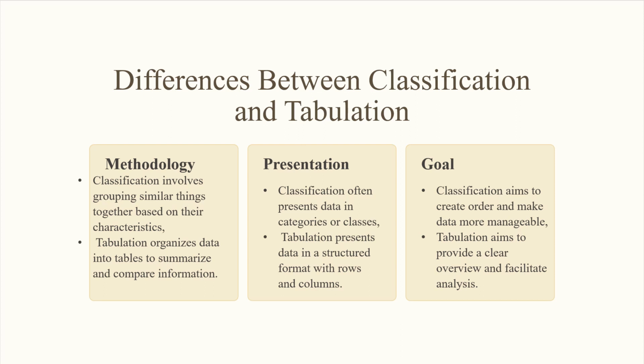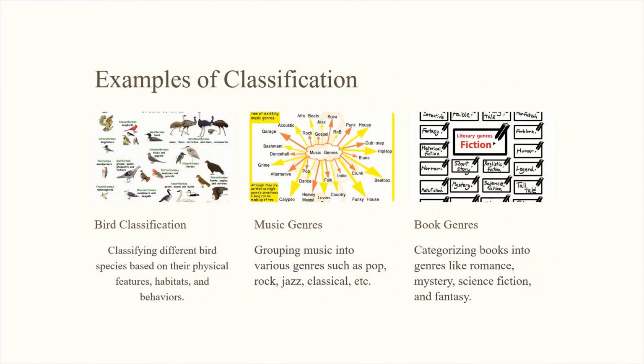But speaking about tabulation, here we are organizing and summarizing the data, and representing the data in rows and columns. Tabulation aims to provide a clear overview of the data, and it helps in the analysis of the data. So, classification is done after collection of the data, and tabulation is done after the classification of the data.